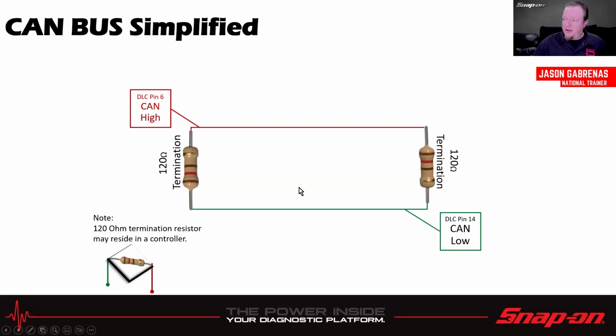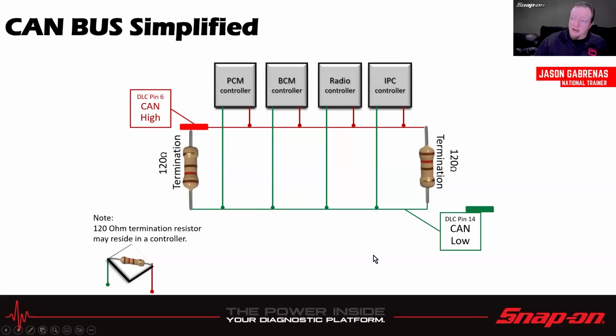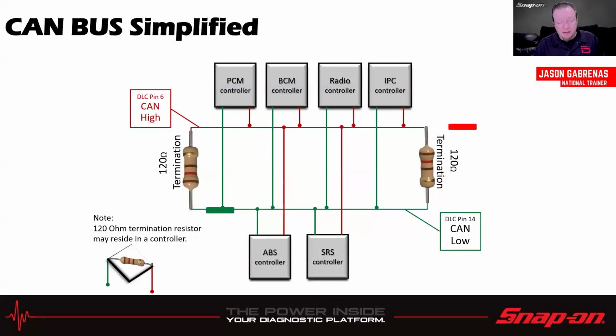So a simplified CAN bus here. We've got high side, low side, and then we have the termination resistors across both. Nice thing about CAN is it's modular, so I can add multiple modules to it, and they'll start talking. I can add even more modules to it if I want, and they'll keep talking. However, in recent years, not that recent, I guess it's been probably the better part of a decade, manufacturers realized that, hey, now that we have so many modules on these buses, we're having data collisions, and data's not making it to where it needs to in time, and traffic jams and all that.